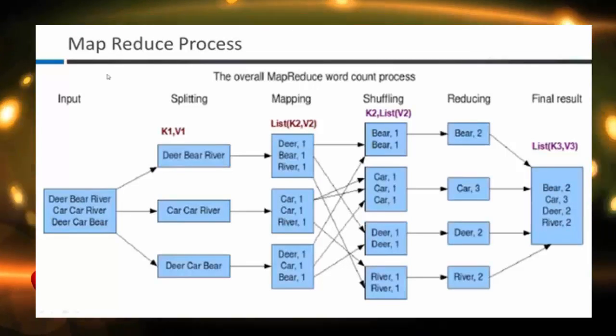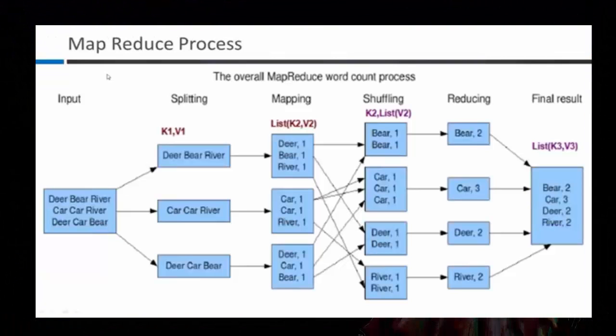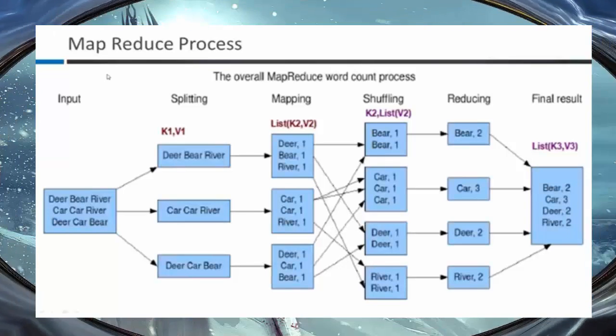Okay, so Rajat is asking why everywhere the value is 1. It is 1 because in this particular record, deer came once, bear came once, river came once.